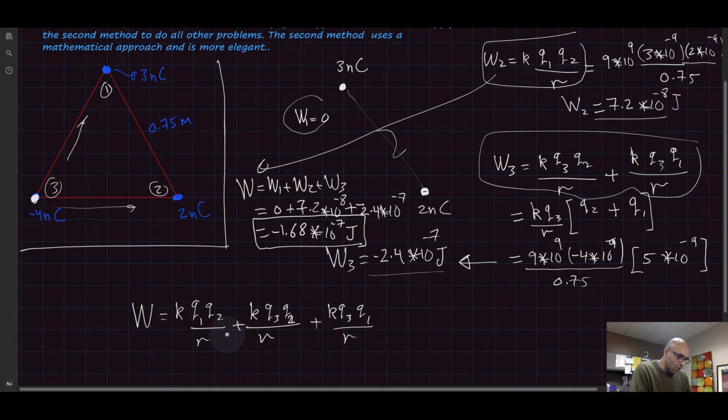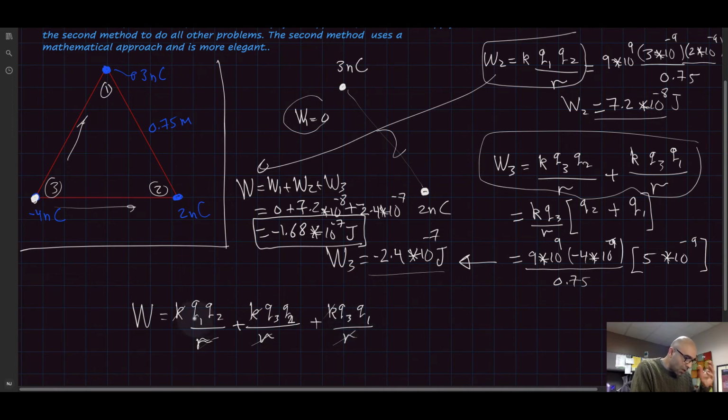So if you look at those all, you have Q1 with Q2, Q2 with Q3, and Q1 with Q3. These in math are called permutations. And each one has K and R, which is the distance between Q1 and Q2, which happens to be R, the same distance as between Q3 and Q2, and the same distance between Q3 and Q1.